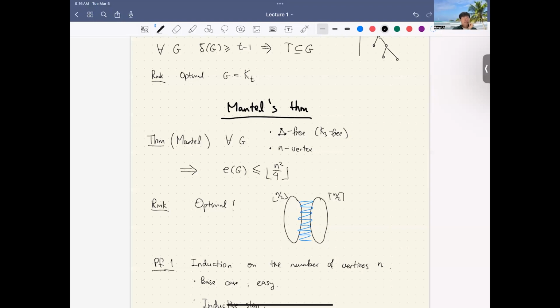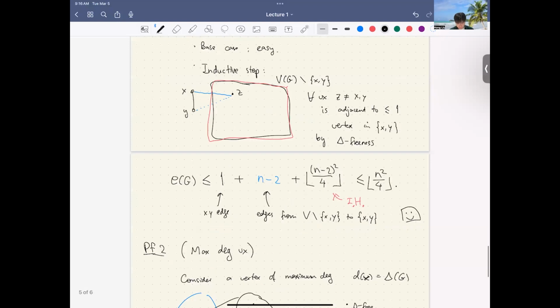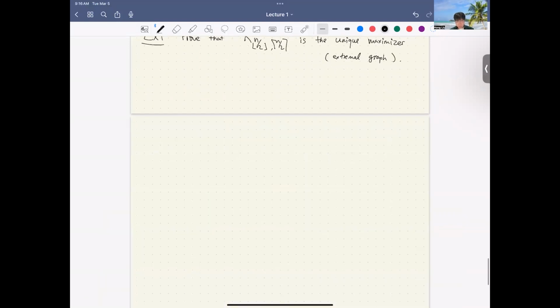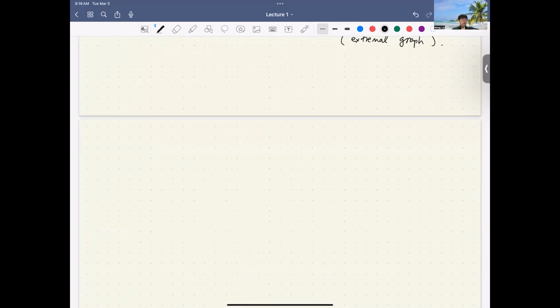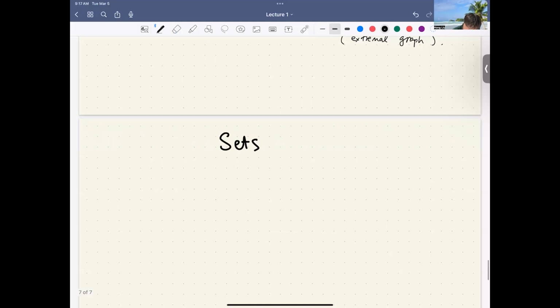Finite sets, a collection of finite sets, mostly with a bounded number of elements. So let's look at results about sets.